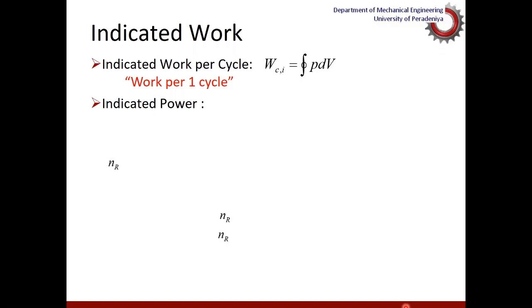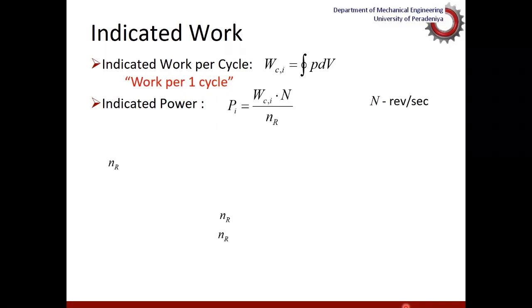And if it is a four-stroke engine, we'll have to divide that by 2. Because if the engine rotates n revolutions per second, then per 1 second there will be n revolutions, but 2 revolutions per cycle, therefore n divided by 2 cycles.